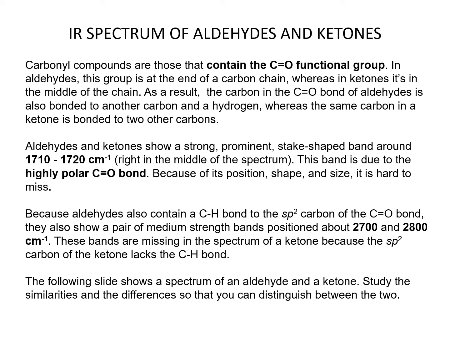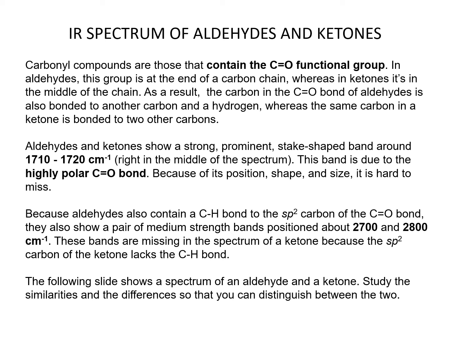So because of that, just like we had with the terminal and internal triple bonds, it's going to be the same thing. You can have different areas of peaks. So if you have a carbonyl and an aldehyde, you'll have a different peak than a carbonyl and a ketone versus a carbonyl and a carboxylic acid.